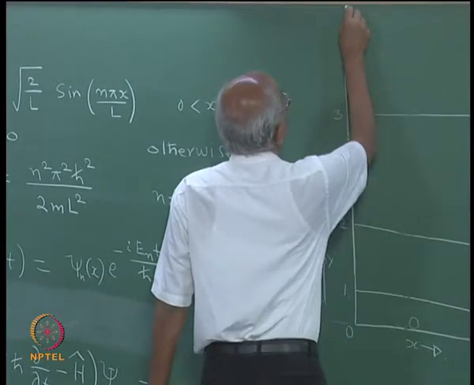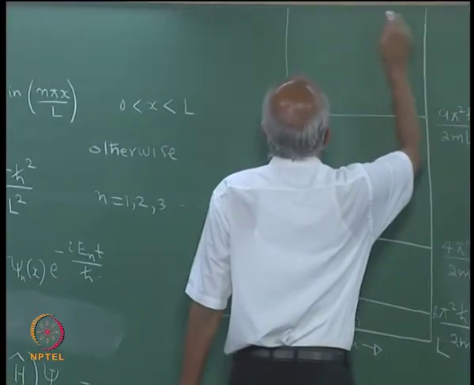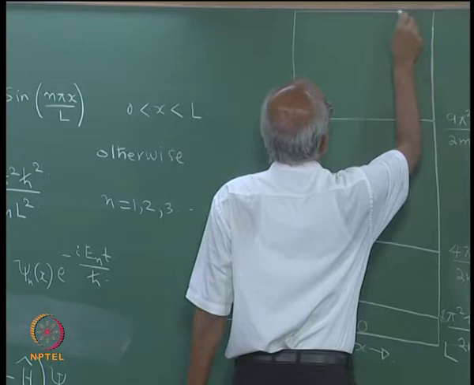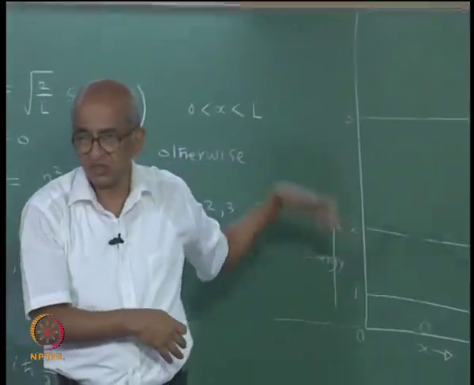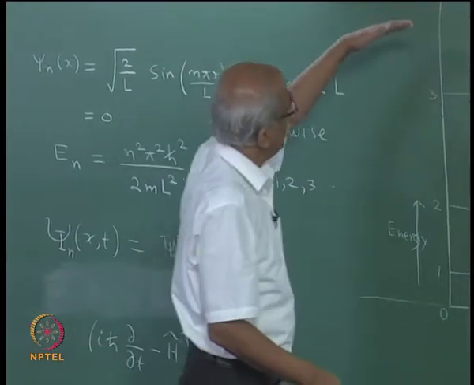If you look at the next level, maybe I can just draw it here, but that may not be accurate. It is difficult for me to show the spacing now, but you know what it is going to be.